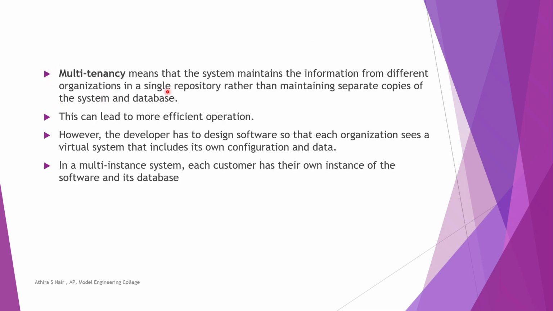Then there is multi-tenancy. Multi-tenancy means that the system maintains the information from different organizations in a single repository rather than maintaining separate copies of the system and database. This can lead to more efficient operation.